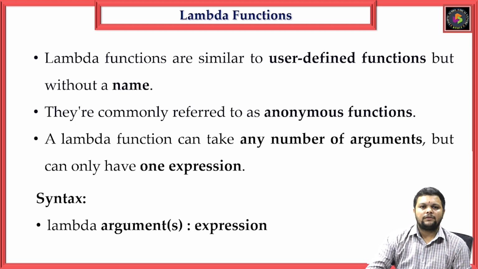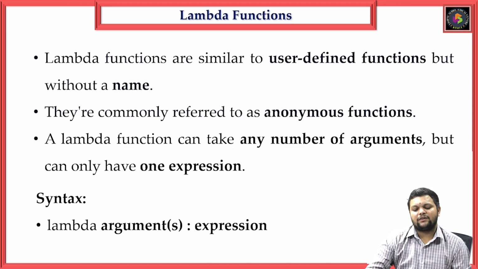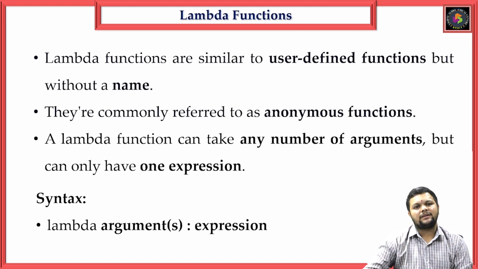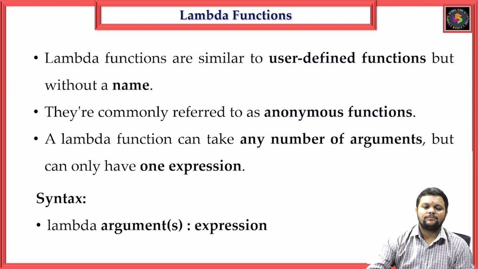Here also we have a keyword other than def, but Lambda functions are used without a name. No need of a name for that particular function. They can also be termed as anonymous functions. The main thing in Lambda functions is you can pass any number of arguments to the function, but there will be only one expression which is giving you the answer.